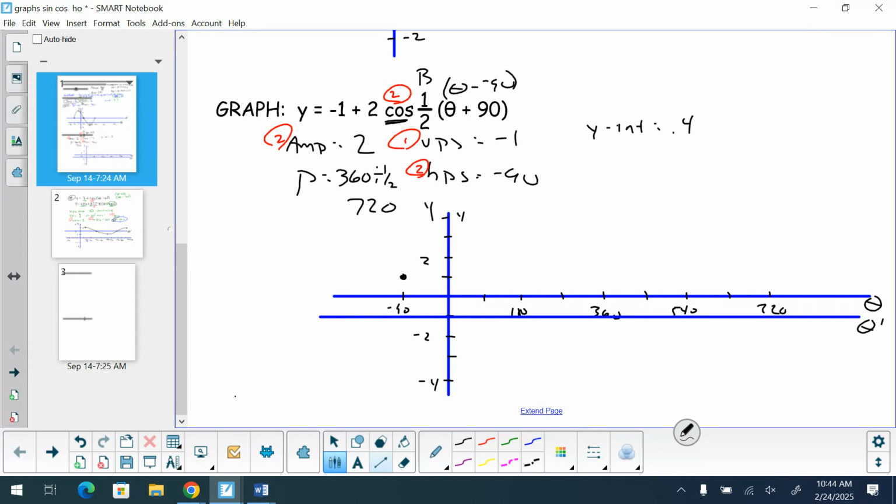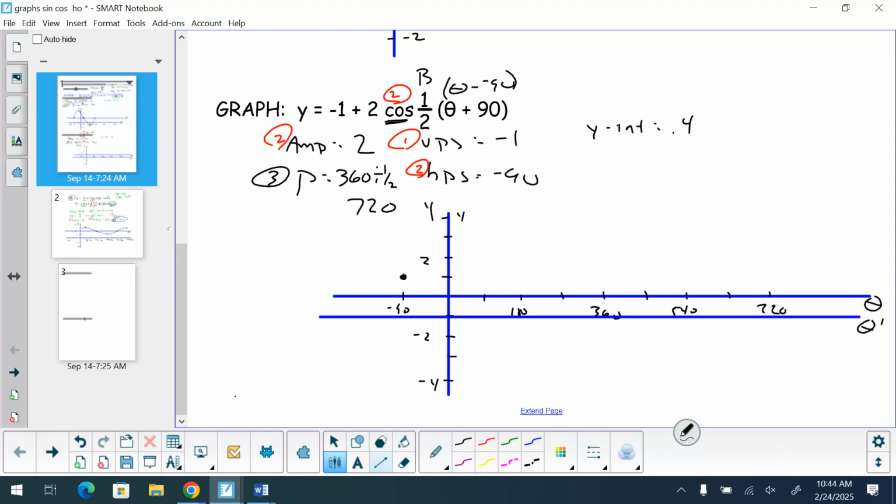Third thing, take a look at this period. It tells us how many degrees we have to go to be at the exact same spot again. So if we're at -90 and we go out 720, we'll be at the exact same spot.